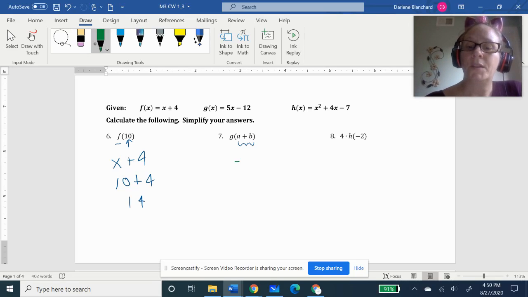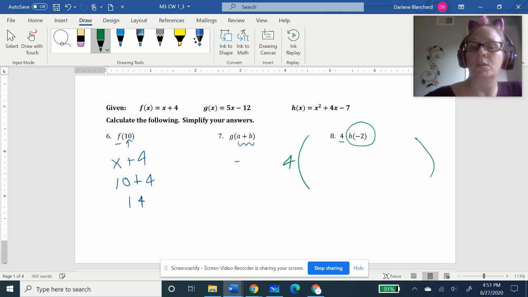Number 8 is saying what is 4 times h of negative 2. So I'm going to write 4 big old times, and then I look for function h, and the variable is x. So everywhere that that x shows up, I'm going to substitute in negative 2.